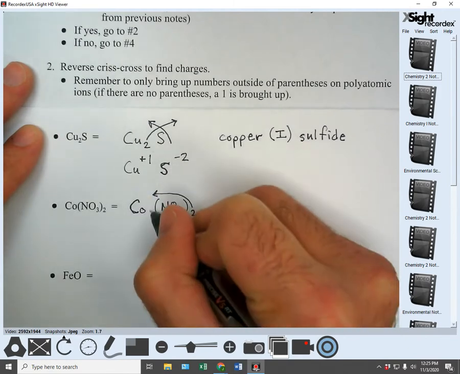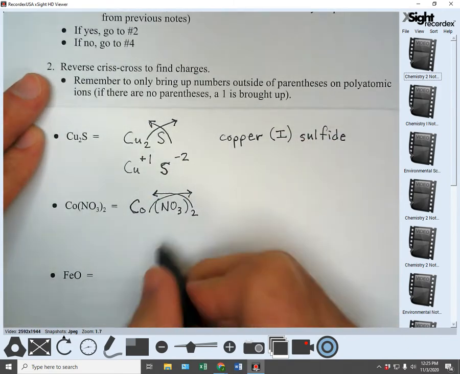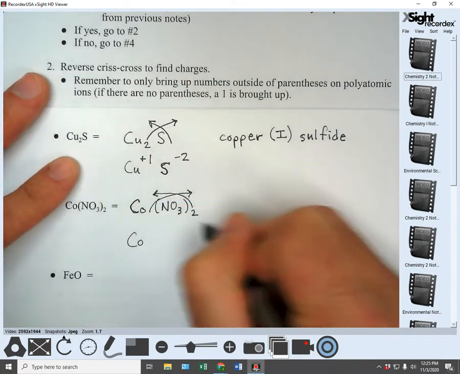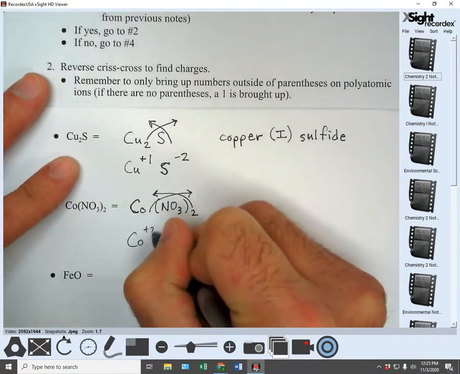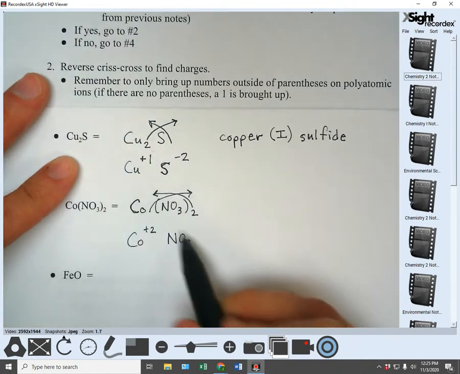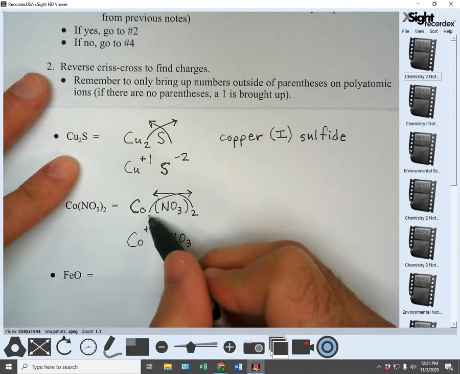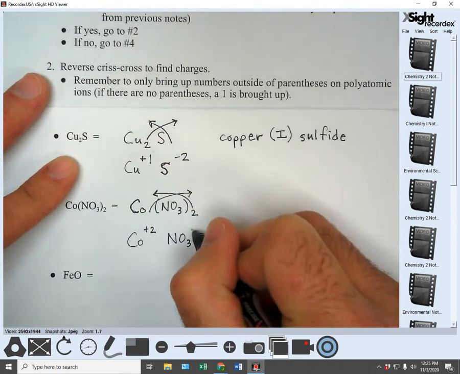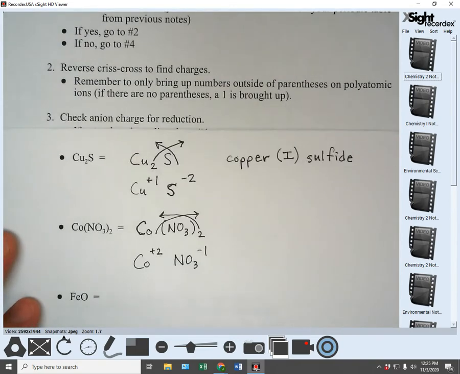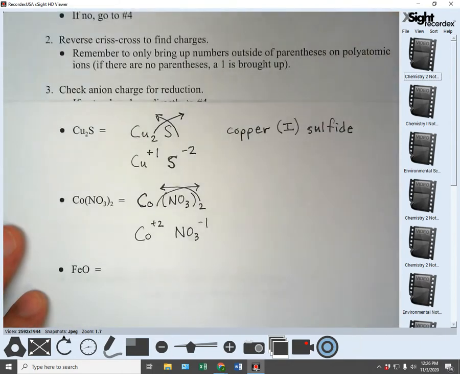So we end up with Co. Remember, first thing is always positive because that's the cation. So we're bringing a 2 up onto that, so it's +2. And then NO3 is our polyatomic. The 3 stays part of that like this. And from the cobalt, we're bringing up a 1. So second thing is always negative. So -1.